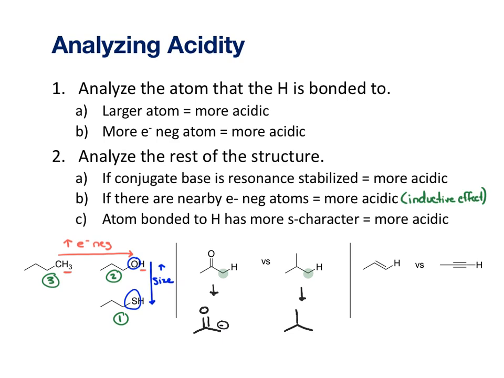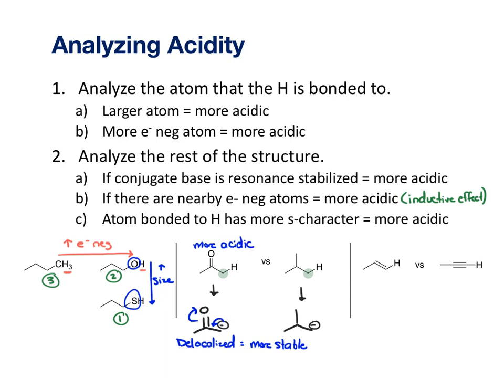Comparing these two, the one on the right, that negative charge is just stuck on the carbon. It's not delocalized. The one on the left, this negative charge is delocalized through resonance. Delocalized means it's more stable, making the acid that it came from more acidic. So that's your resonance effect.